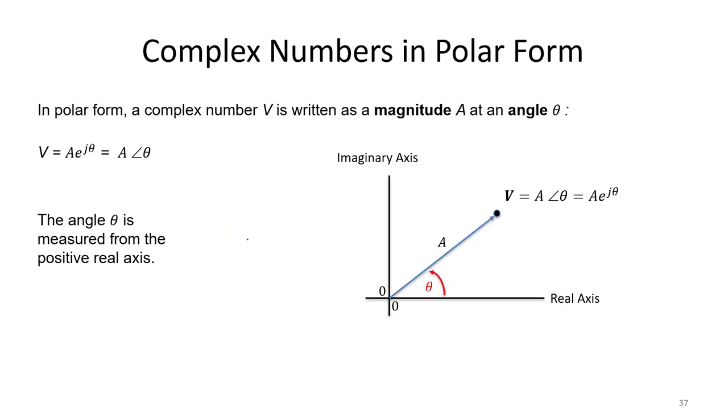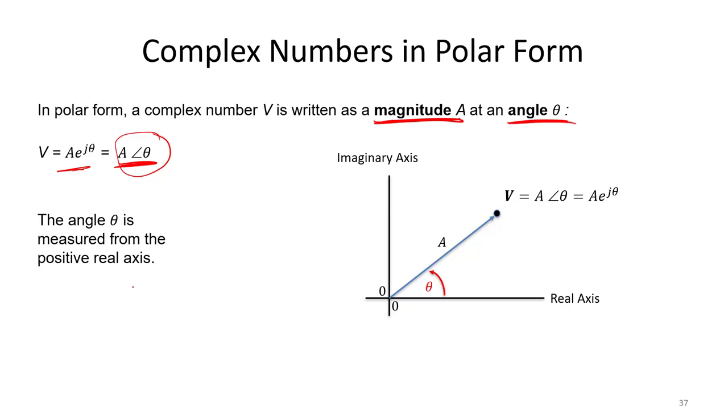You'll also remember complex numbers can be written using polar coordinates. And so we can write a complex number also in the form of a magnitude A at an angle theta. That's where we get this A angle theta notation that we commonly use. So most of the time, rather than writing A e to the j theta, we just write A angle theta.